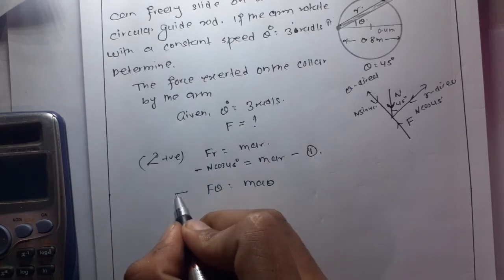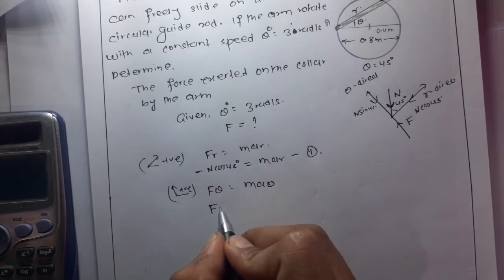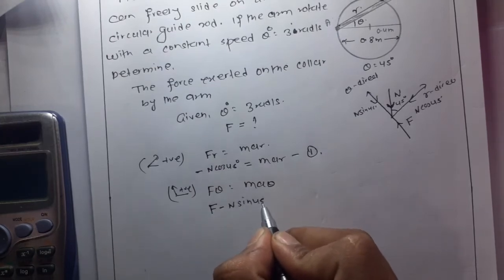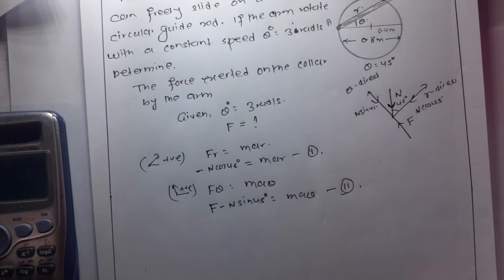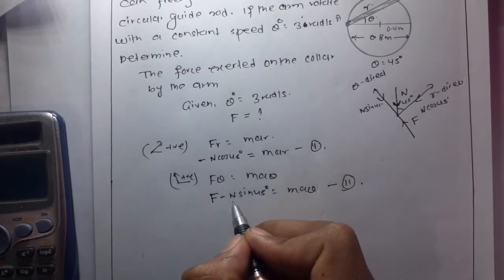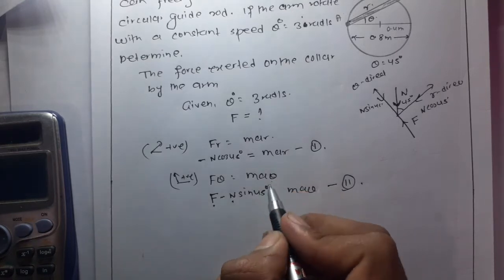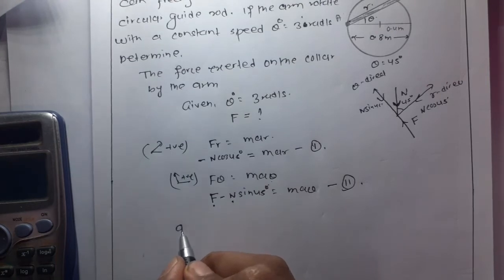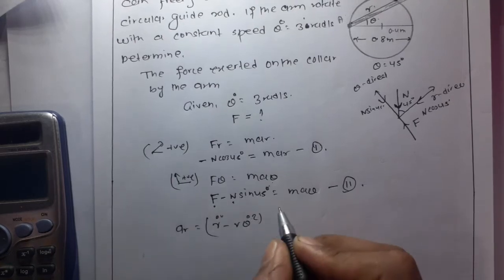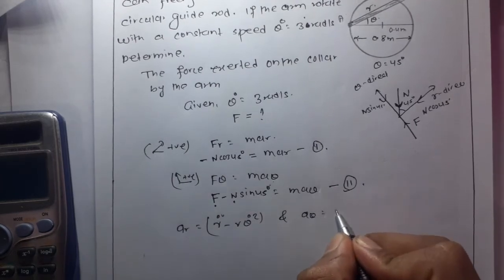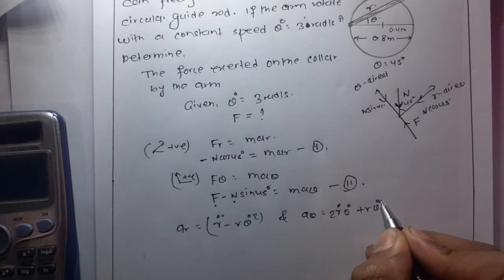Taking this as positive, this is F minus N sin 45 degrees equal to m a_theta. Let's say this is equation number 2. Now we have to find the values of N and F, so for that we have to know the values of a_r and a_theta. As you know, a_r is equal to r double dot minus r theta dot squared, and a_theta is equal to 2 r dot theta dot plus r theta double dot.